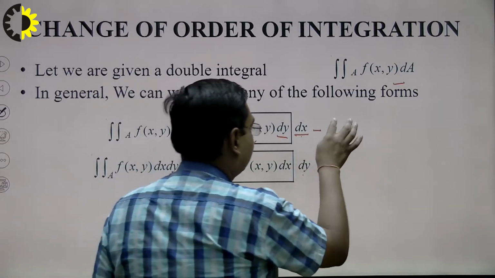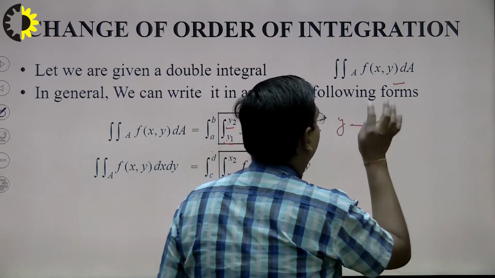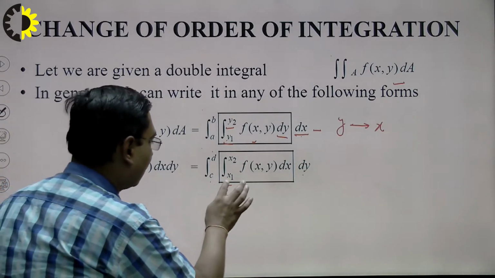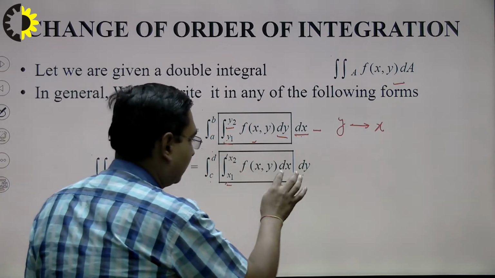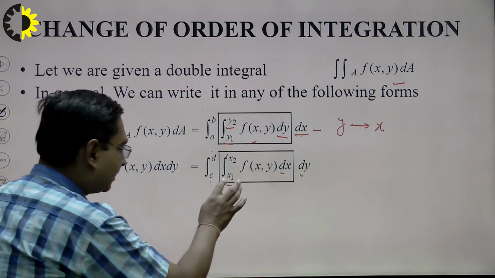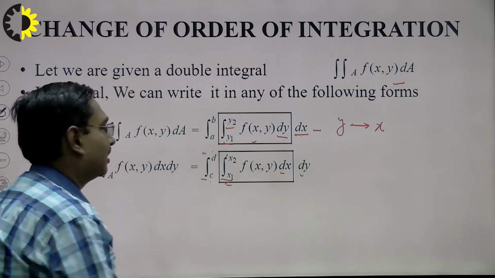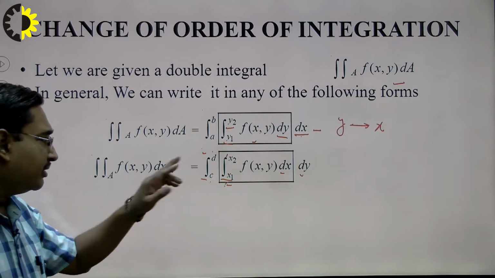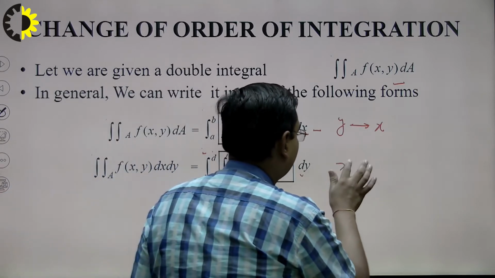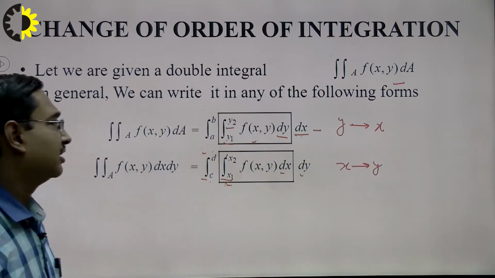In second integral, the limits are from x1 to x2, dx is written inside and dy is written outside. These are the limits of x, and these are the limits of y. Because limits of x are occurring inside, we shall first evaluate integration with respect to x, and then with respect to y.